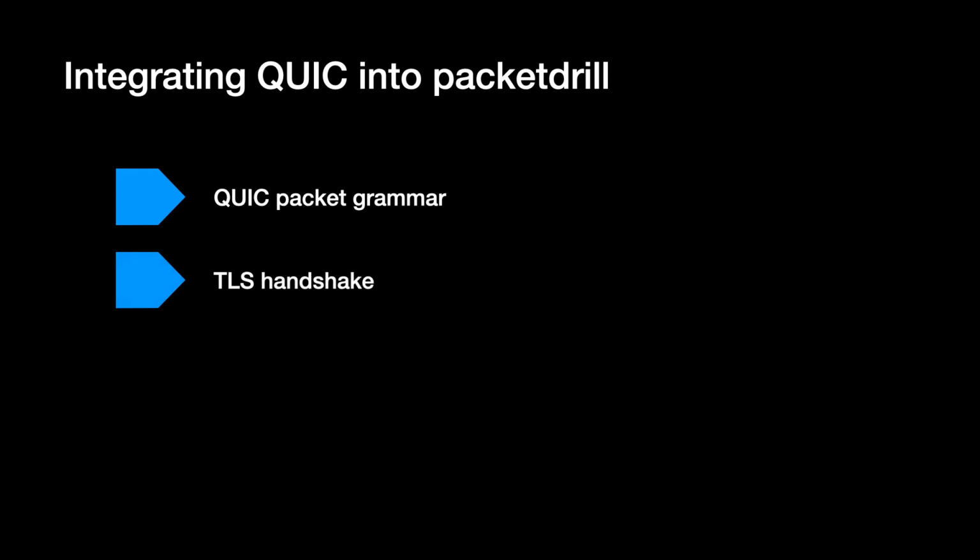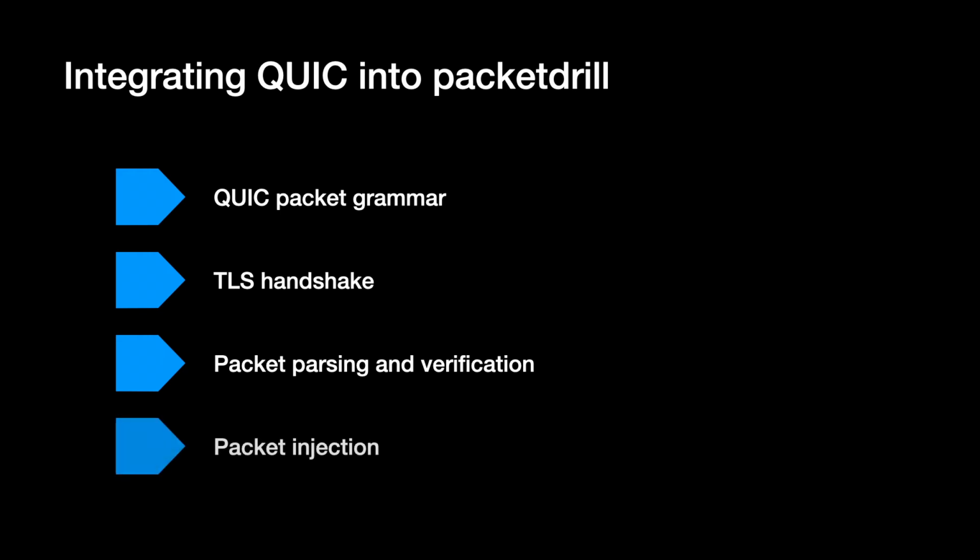Secondly, we added support for doing the authenticated handshake via a TLS library. As QUIC packets are encrypted and have their own packet and frame format, we added modules to decrypt, parse, and verify QUIC packets. And finally, we construct the encrypted response and inject it into the QUIC library.